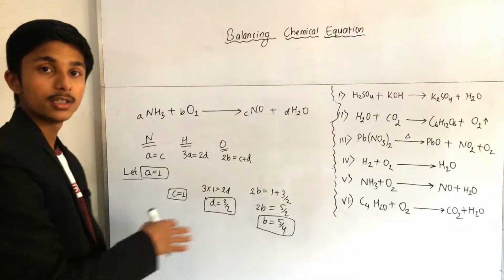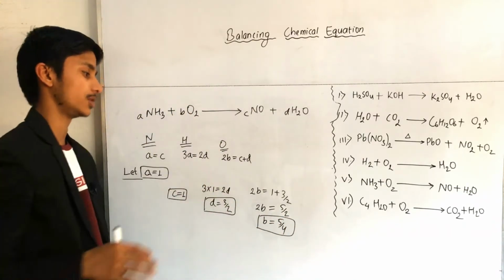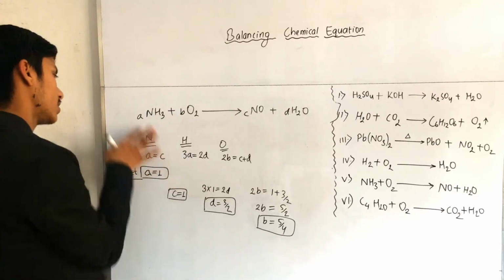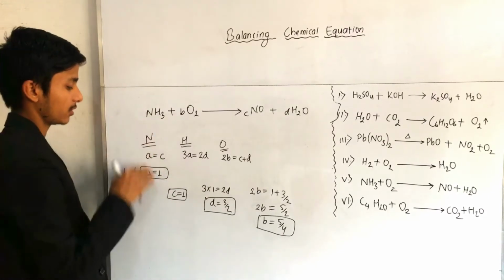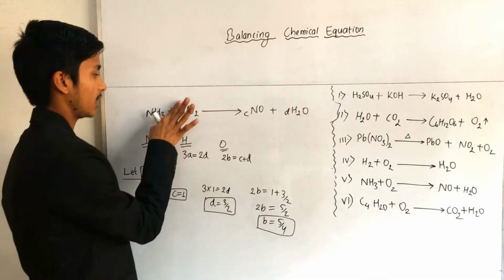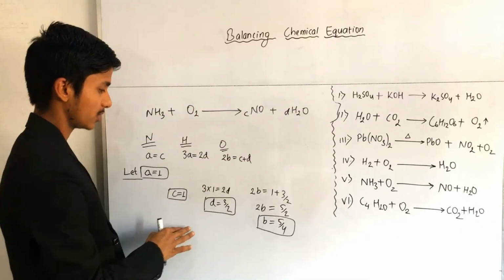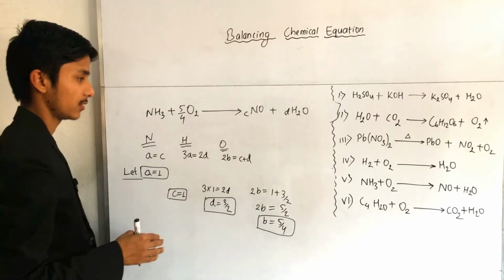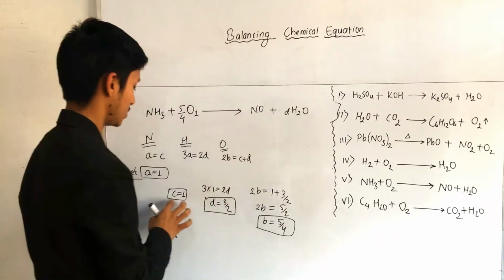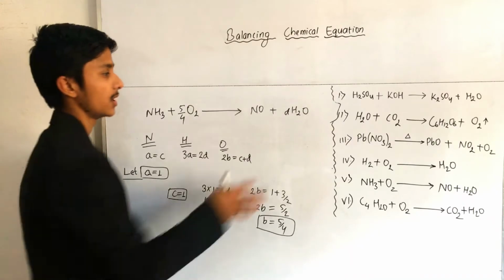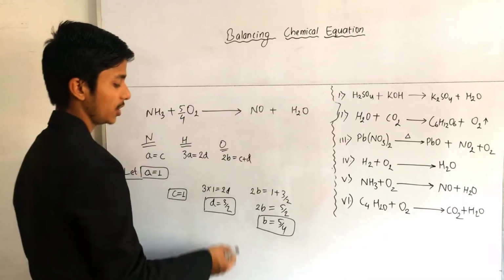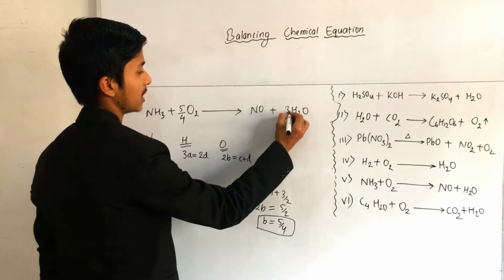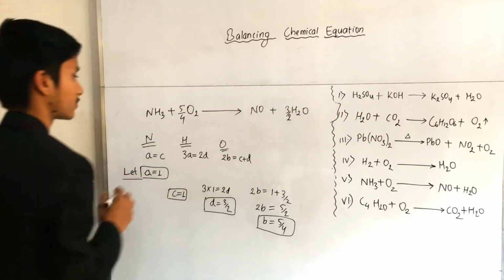Now we put all these values in this equation. Instead of A we put 1, so no need to put 1, and here the value of B is 5 by 4. Similarly the value of C is 1, so no need to put it, and instead of D we put its value, that is 3 by 2.